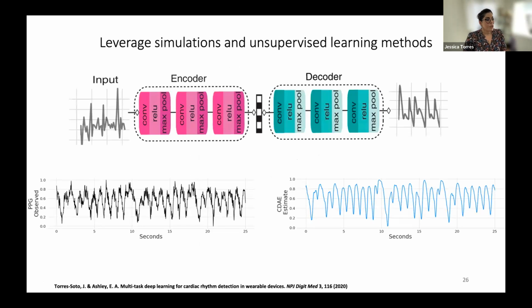Okay, so once we had our large set of simulated data, we trained our convolutional denoising autoencoder that you see here. So here is a very simple example on the bottom, where we see in black right here on the left is an observed PPG signal that's pulled from a patient.